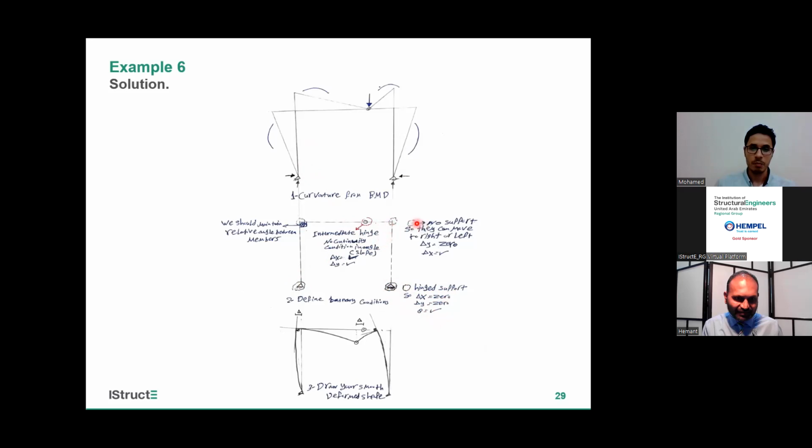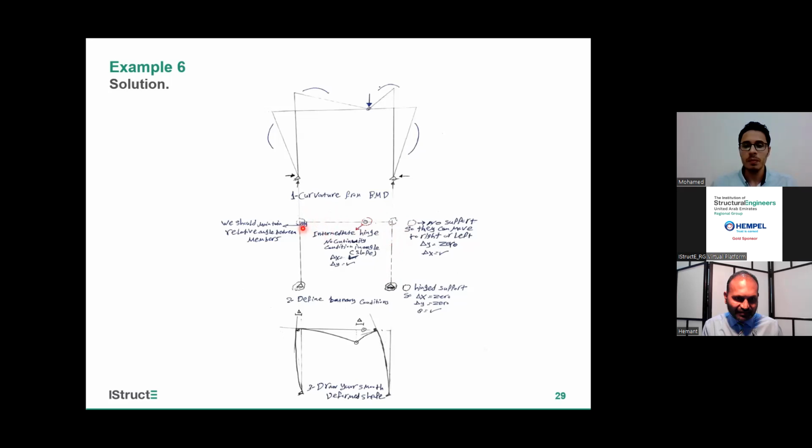Remember here I don't have any support, so I'll have a movement in the x direction. But in the y direction I don't, because in frames when we are drawing the deformed shape, we neglect axial deformation, which is in the y direction.